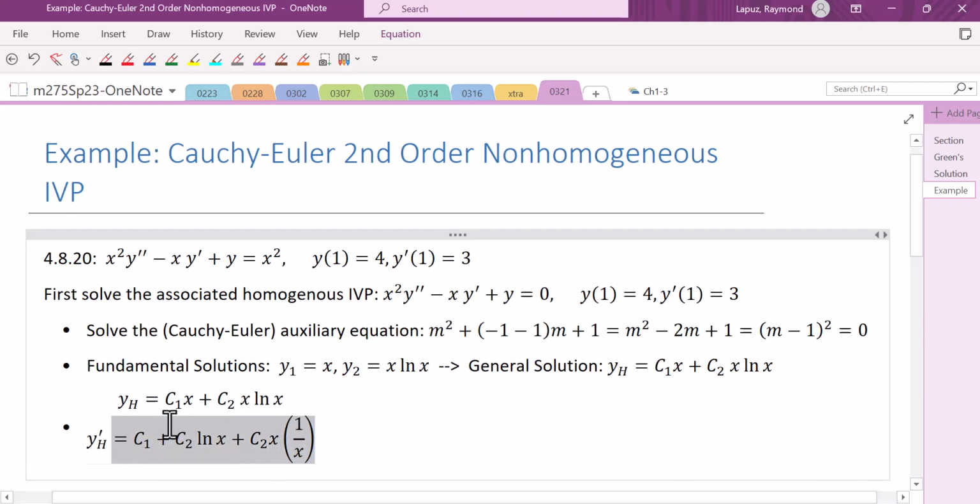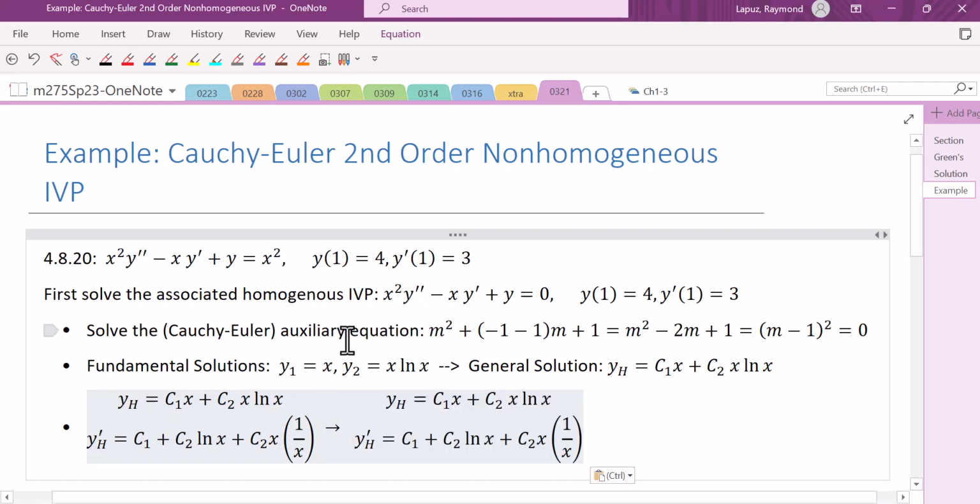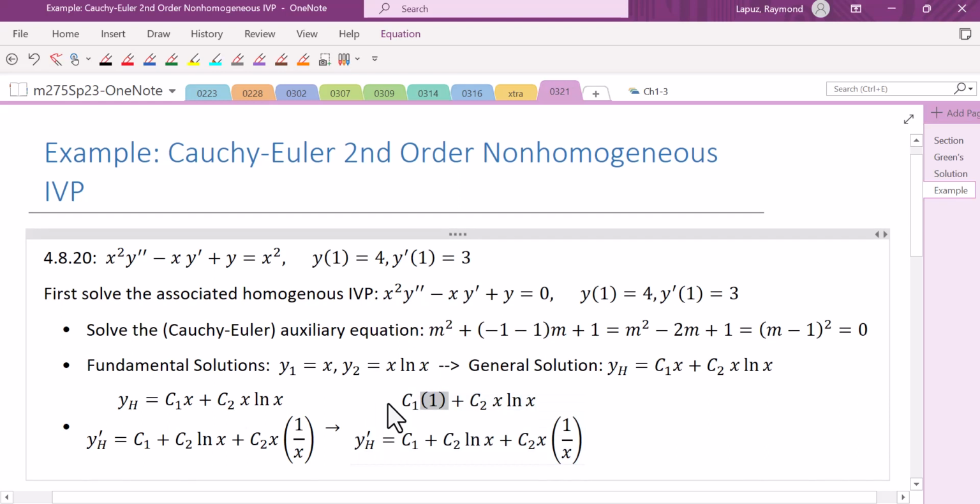Now what we need to do is take these equations and put in our initial conditions. So our initial conditions have an x value of 1. So let's take this away, and then we will insert 1 in for x, and then 1 in for x, but ln of 1 is going to be 0, so this will disappear.